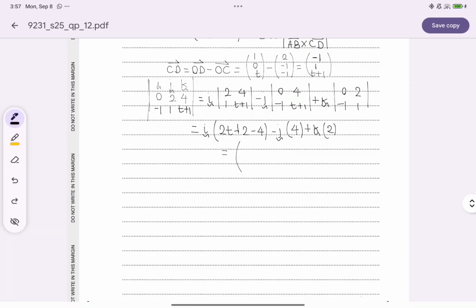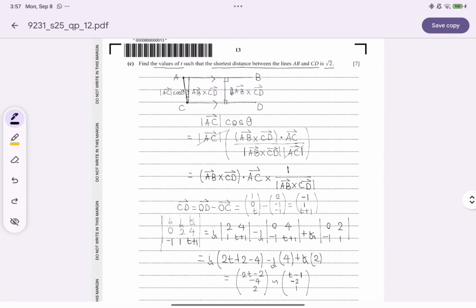So we will get 2T minus 2, minus 4, and 2. We can simplify this by dividing by 2, so this would be T minus 1, minus 2, 1.